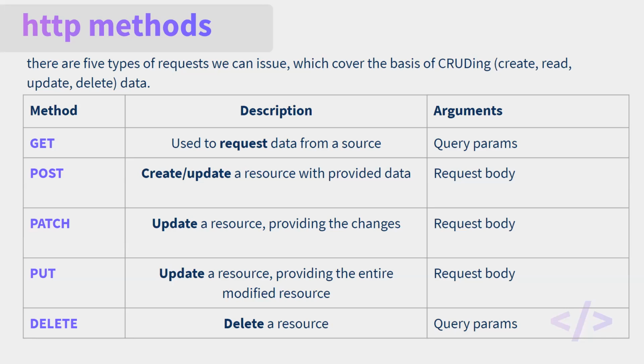After validating all the information is good, I could send a patch request providing just the changed email, and then my API should take that from the request body and modify it. But with put, you would provide the entire modified resource.